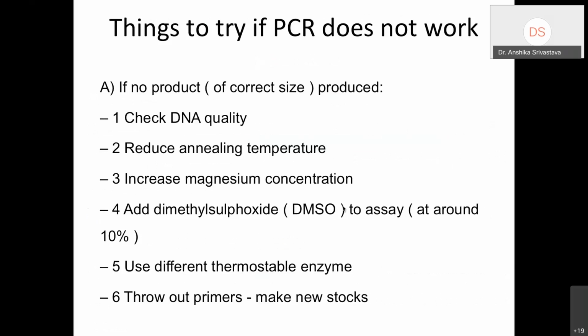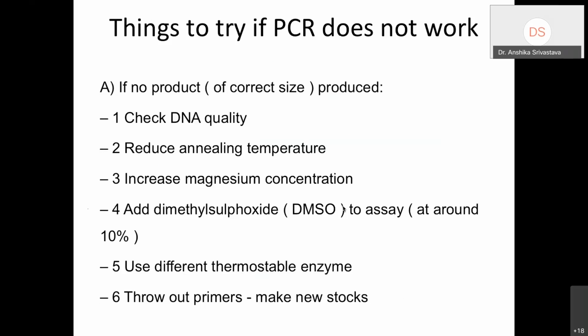So what happens if your PCR doesn't work? That's mostly the problematic thing we actually come across when we are trying to amplify a region. If no product of the correct size is produced, try to check the DNA quality.